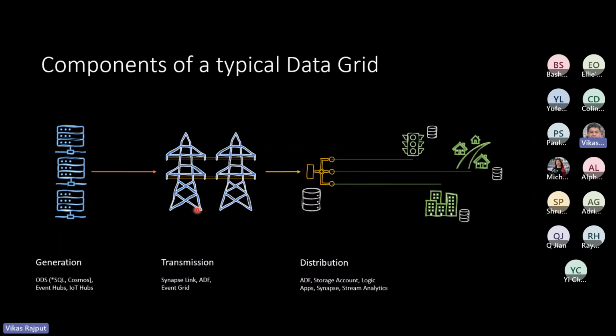Distribution can also be done by Synapse as well, because Synapse has some overlap with Azure Data Factory and Storage Account as a service, and then Stream Analytics. So especially in case of Event Hubs and IoT Hubs, it could also happen that Event Hubs capture the data and then they transfer it over the Event Grid, for example.